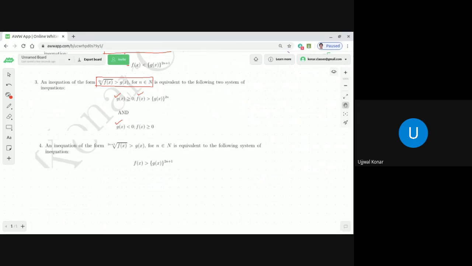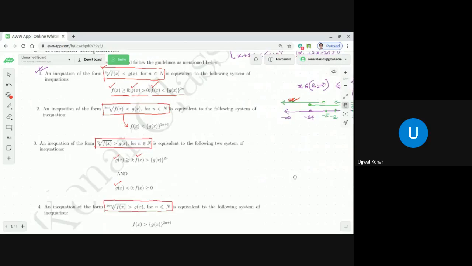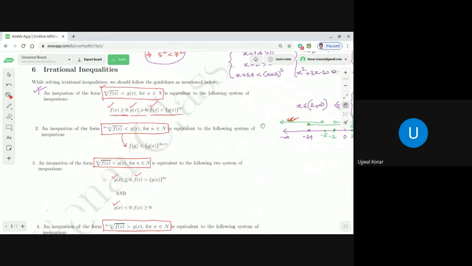So these are the four cases we should follow while solving irrational inequalities. Apart from these guidelines, nothing else is going to come, dear students. These are the four things you can think of. We will solve a few problems. These are the guidelines.